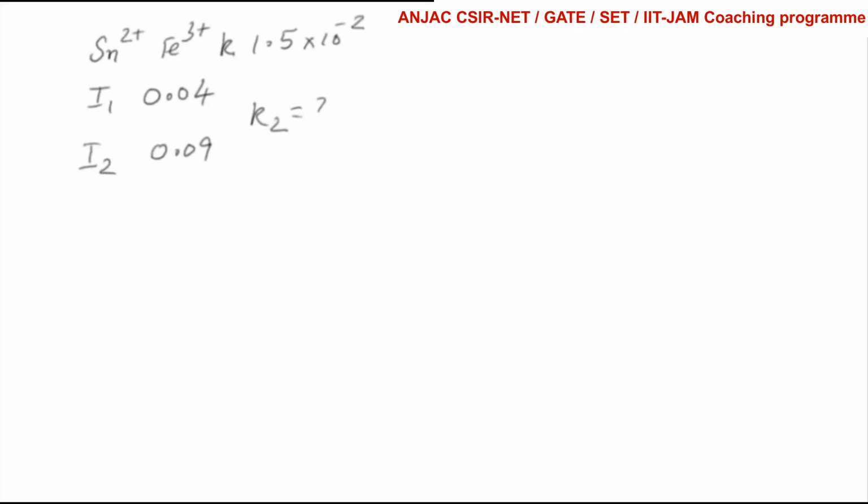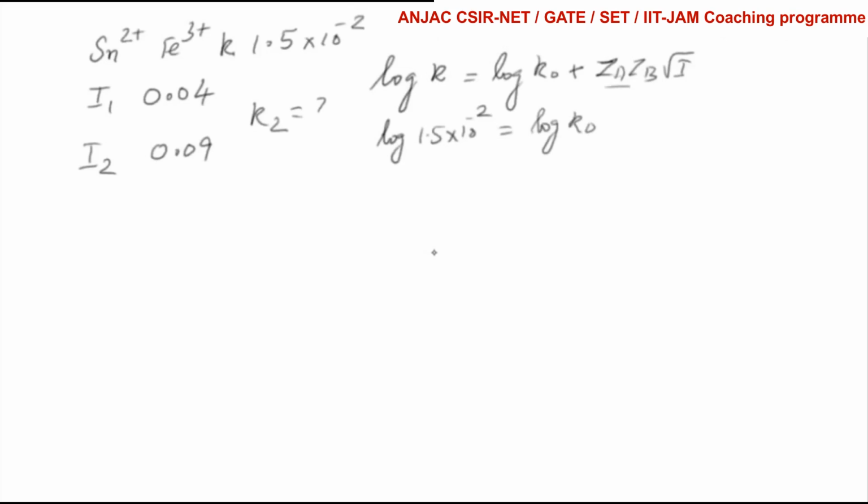How to approach? Here two sets of data are given. First, what is the equation? For ionic strength, the equation to be applied is log k equals log k naught plus 1.0 something ZA into ZB into root of I. First apply the first data: log of 1.5 into 10 power minus 2 is equal to log k naught plus ZA into ZB, 2 plus into 3 plus, 6 into root 0.04.